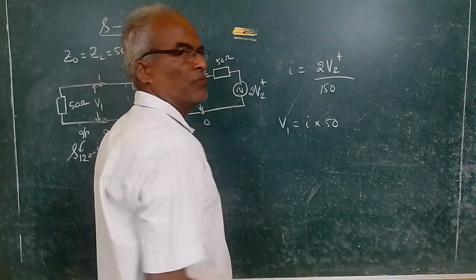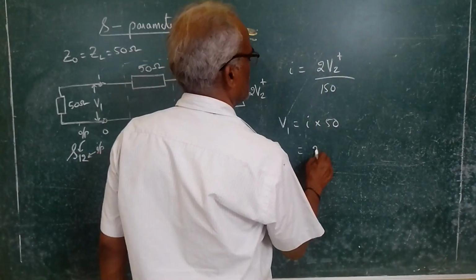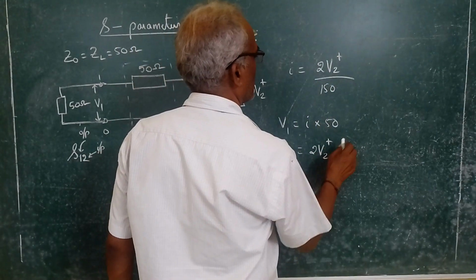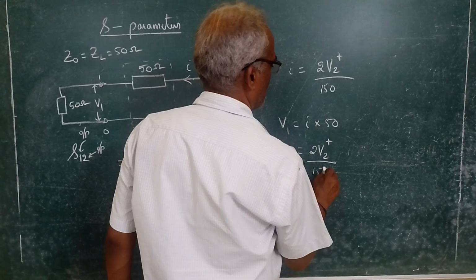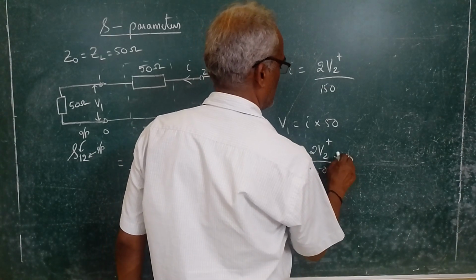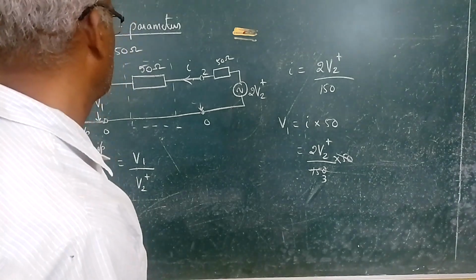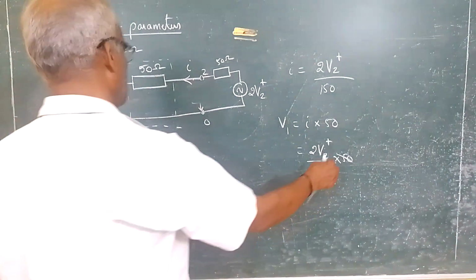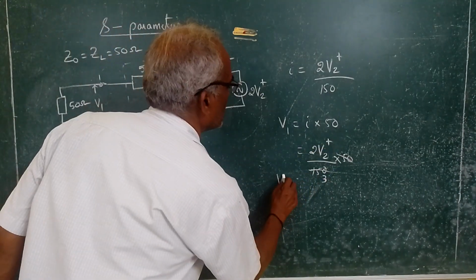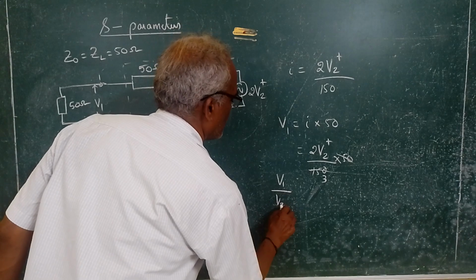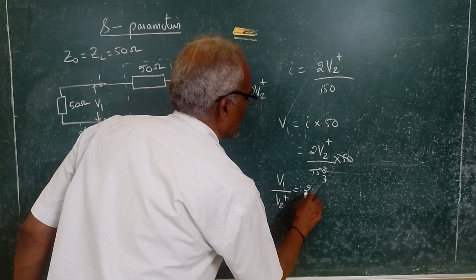But we know the value for I, which is 2V2 plus by 150 into 50. So this will give you 2 by 3 V2 plus. Now what you do is bring this V2 plus this side. So this will give you V1 by V2 plus is equal to 2 by 3.